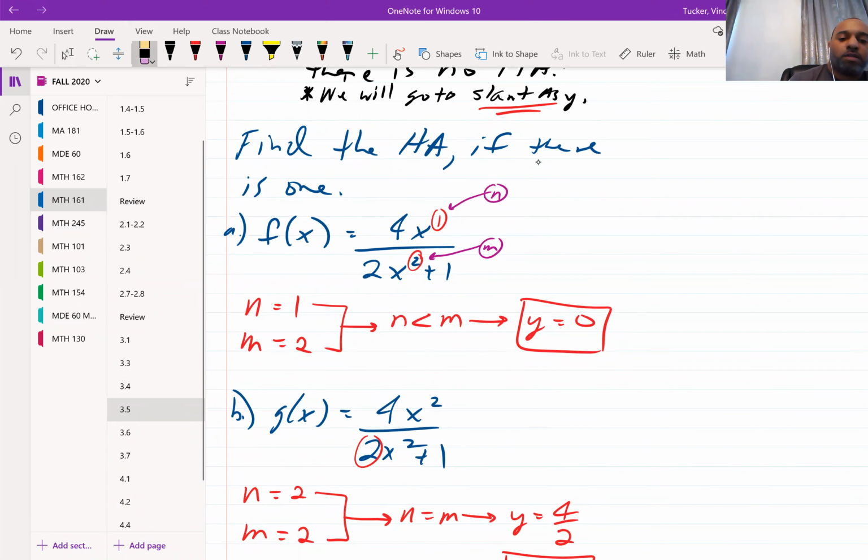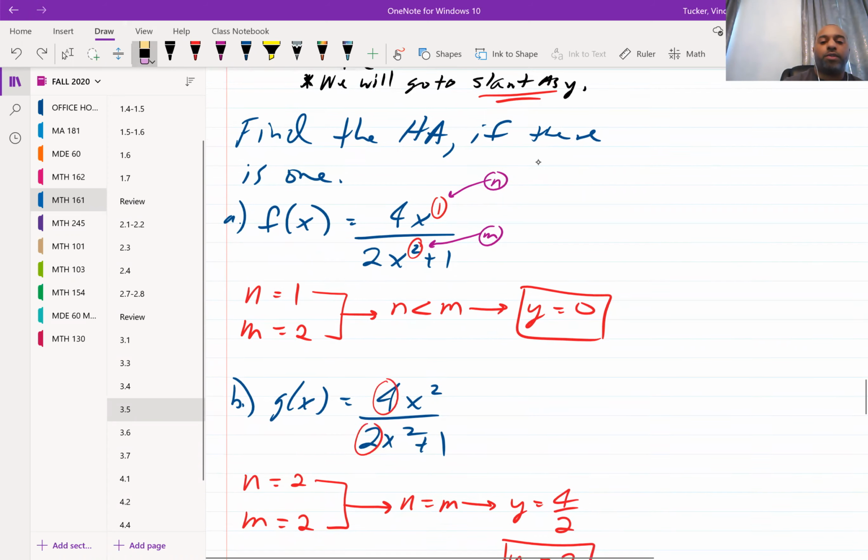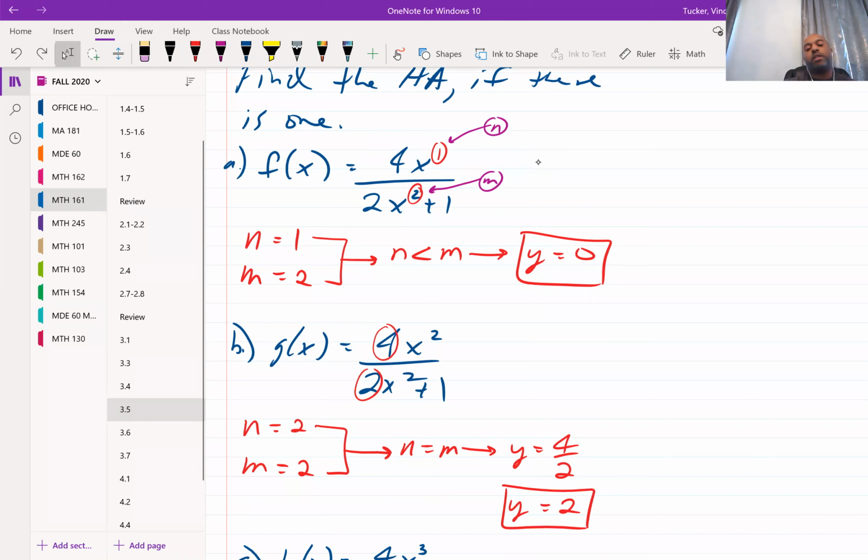All right, so the next one, 4x squared over 2x squared plus 1. Notice our exponents are the same. So we take the 4 and 2, the numerator and denominator. 4 over 2 is going to reduce down to 2. So my horizontal asymptote is y equal to 2.